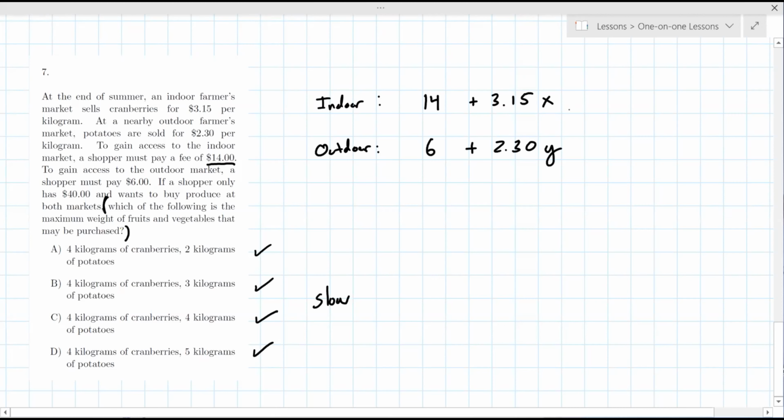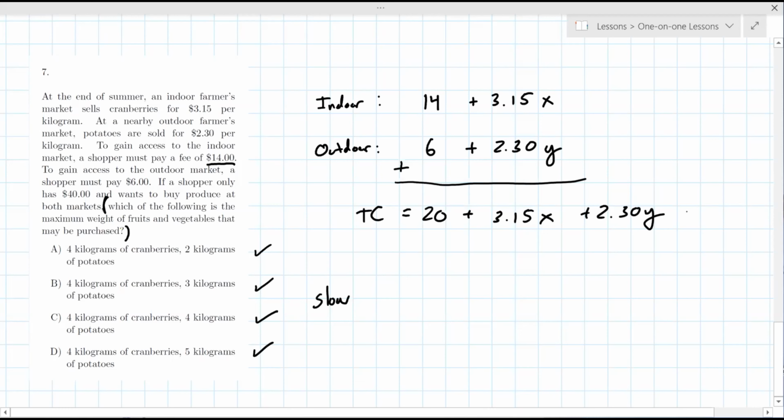I use different variables here because we don't know how much of each they're buying, like in the first one, where X is 4 and Y is 2. Their total cost, if we add these together, is 20 plus $3.15 X plus $2.30 Y. How much do they have to spend?